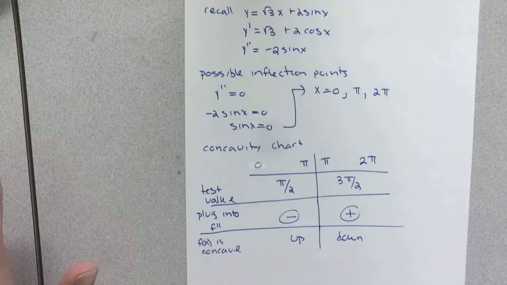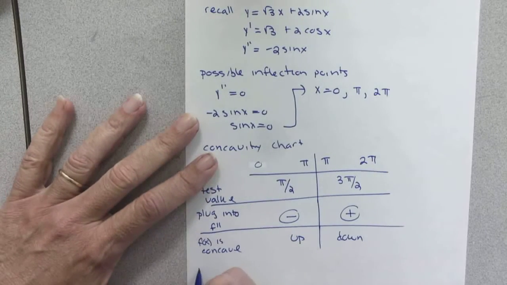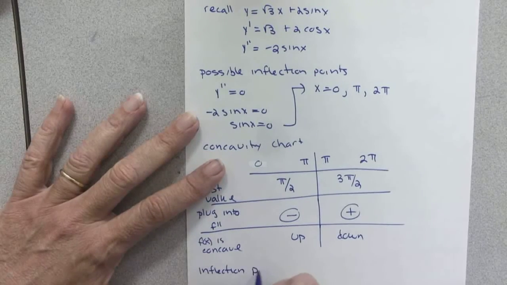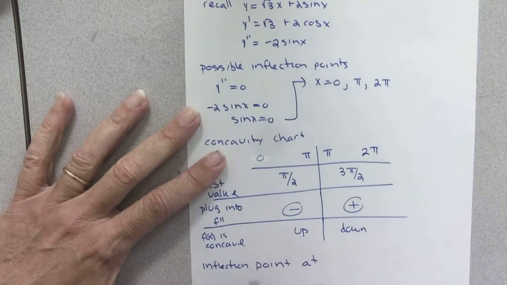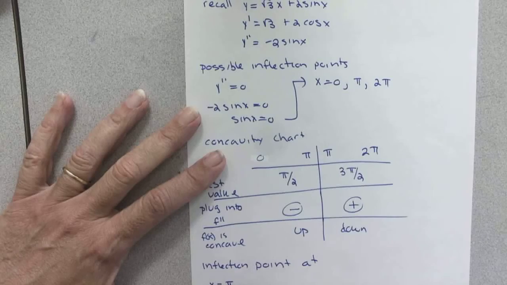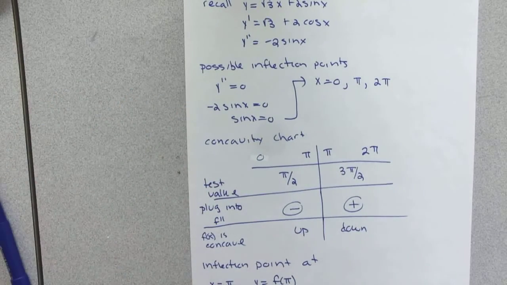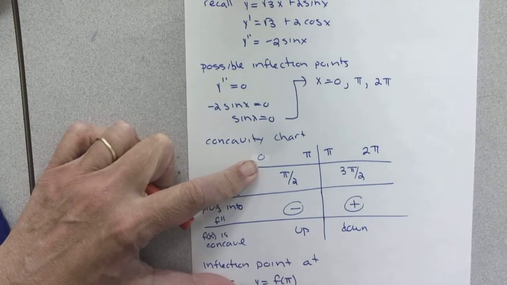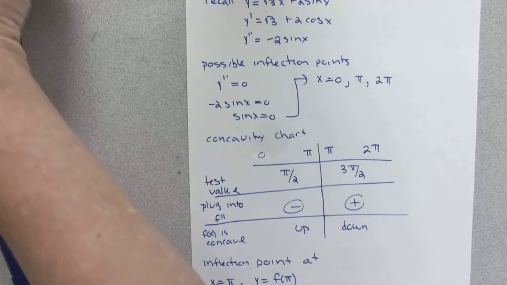And because we see an actual change of concavity, we do have an inflection point at x equal pi, y equal f of pi, always the original function for y coordinates.